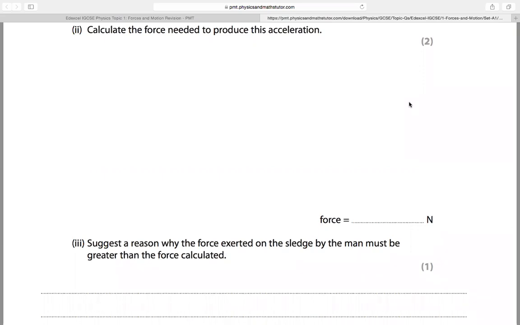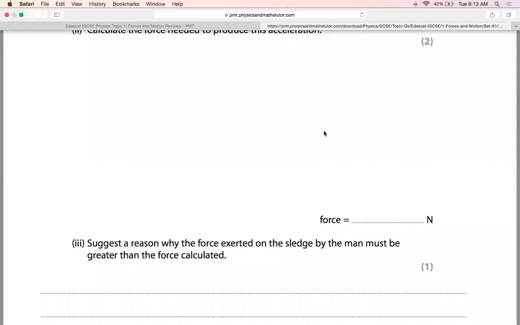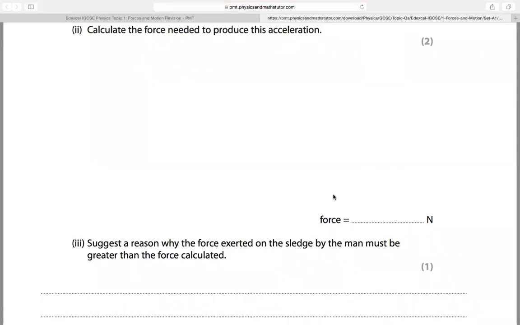There's air resistance, friction, and other forces. Correct. So in real life, there is air resistance, there is friction, and all these things. There is drag that will slow down the sledge. So that is why in real life, the force exerted must be greater than what we calculate.